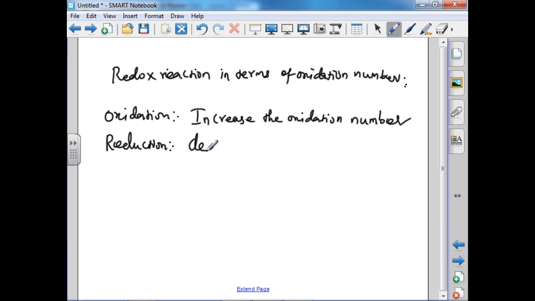If the oxidation number decreases, that is called a reduction process.